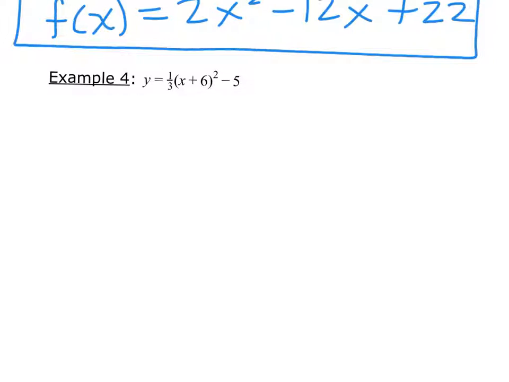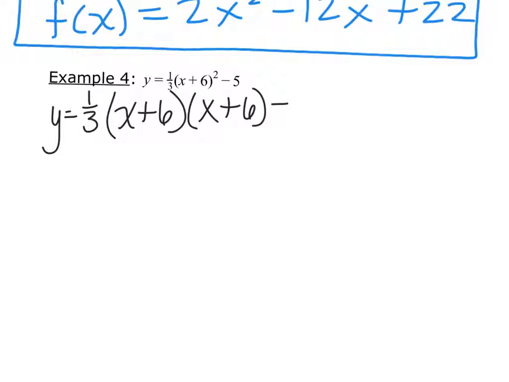Example 4 says y equals 1/3 times x plus 6 squared minus 5. All right. So the first thing I want to do to rewrite this from vertex to standard form, so we have the same directions, is eliminate that squared. So when I have y equals 1/3 times x plus 6 times x plus 6 minus 5.